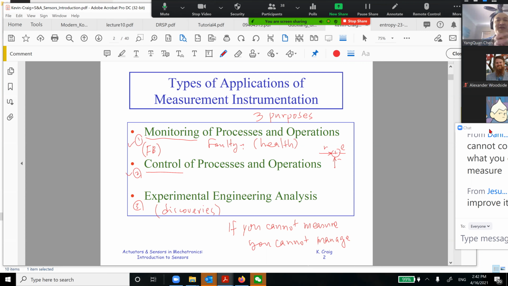So for example, at the end of the class, you are going to receive emails asking you to do a course evaluation. That's actually sensing, basically checking how Professor Chen was teaching. Then you measure that and give me feedback.